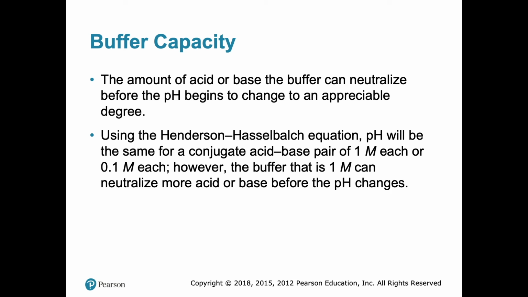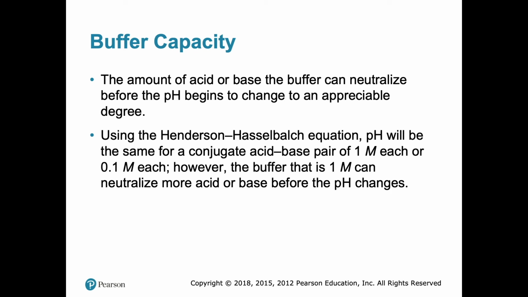So what is buffering capacity, right? All this here just says one thing. Most buffering capacity is going to be plus or minus 1 pH unit. For example, if you're talking about the carbonate bicarbonate buffering system in your blood, and your blood is pH 7.4, the buffering capacity is plus or minus 1 pH.